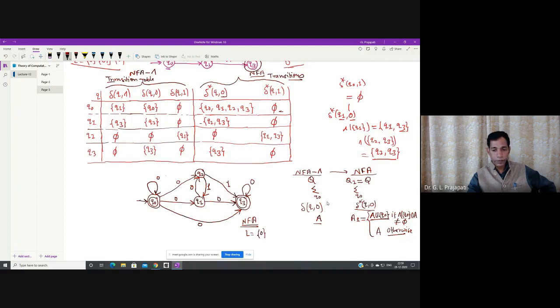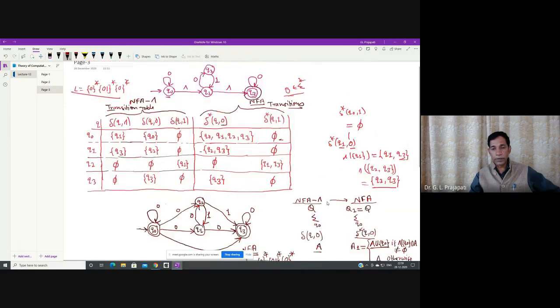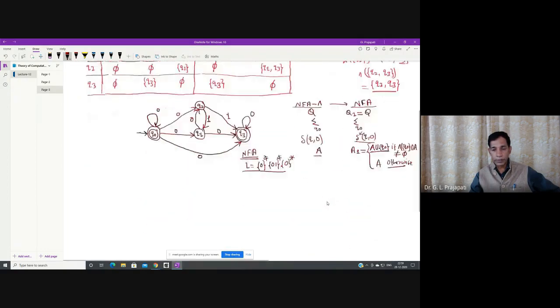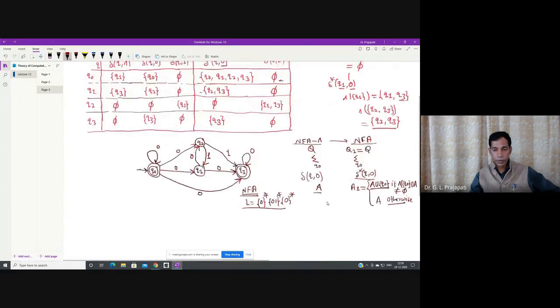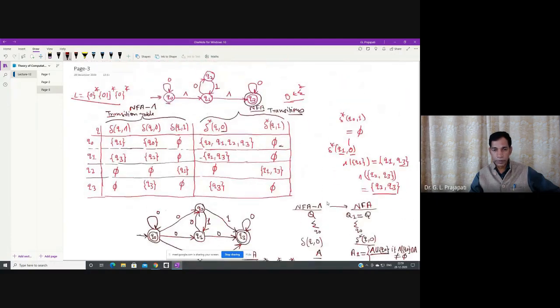This NFA is going to accept the language 0 star, 1 star, 0 star. In this way, you have converted the NFA null to the NFA. This is the way you can convert the machine.